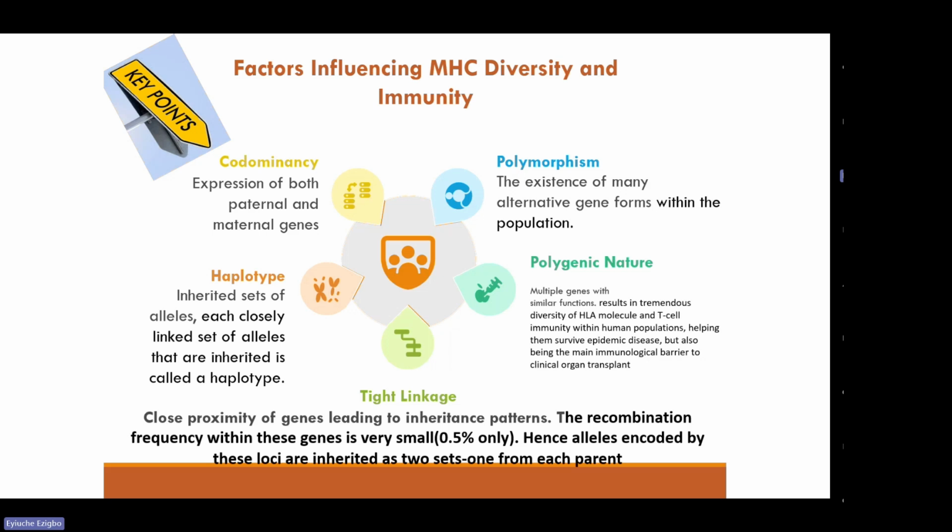There is no recessiveness in MHC complex inheritance. Everything that is inherited is dominant and expressed. We talked about the haplotype: the inherited sets of alleles from each of the parents. Each closely linked set of alleles that are inherited is called a haplotype.